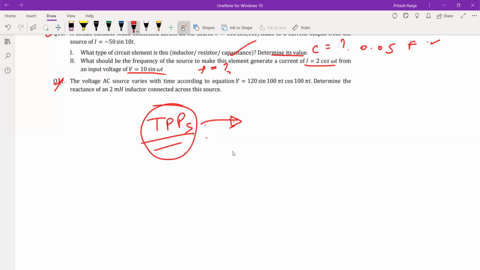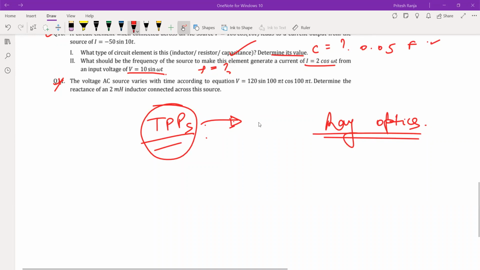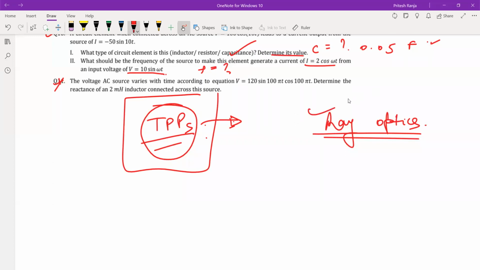Tomorrow we are going to start with the new chapter, that is ray optics. So let us meet tomorrow only. Remember, Thursday we are going to take a little bit extra so that we first discuss the TPPs and then continue with the ray optics.